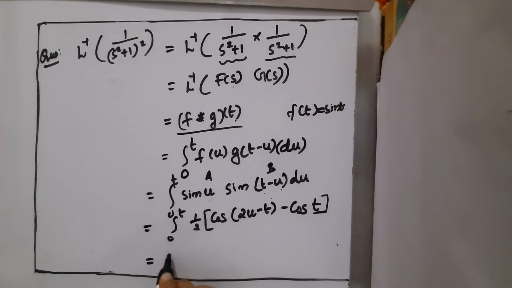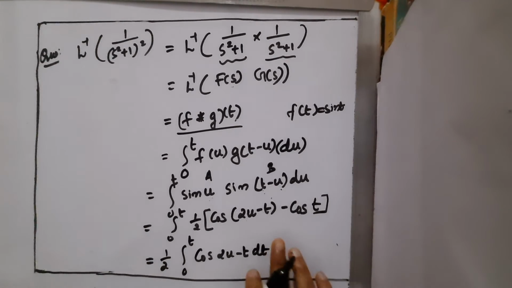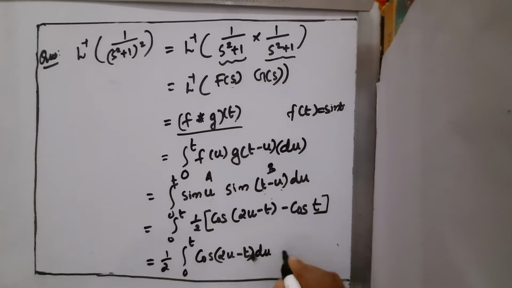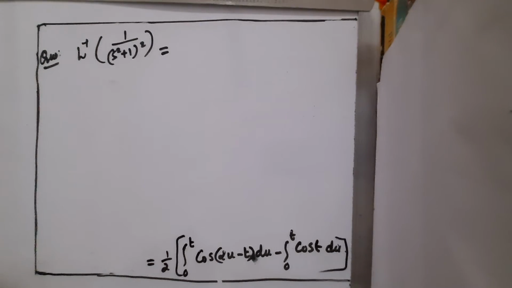So now this is equal to half taken outside, integral from 0 to t cos(2u minus t) du, sorry, minus integral from 0 to t cos t du. After integrating we get half into the integral of cos(2u minus t).